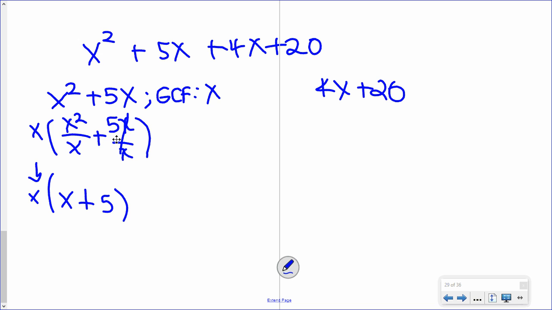Let's make sure we got this. What's the biggest number I can divide out of 4x and 20? 4. Is there a variable I can divide out?